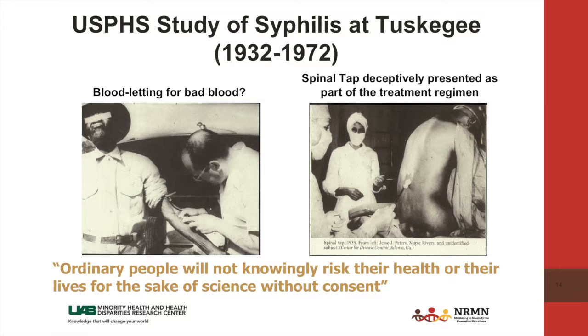Tests on the chest, tests on the cerebrospinal fluid to see if the person had developed neurosyphilis, all kinds of things. Bottom line is, they never told these people if it was okay not to treat them. They never told them if they had syphilis.